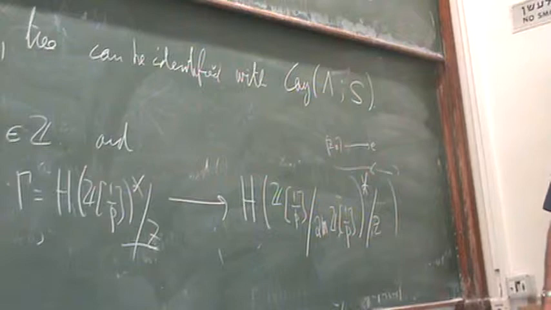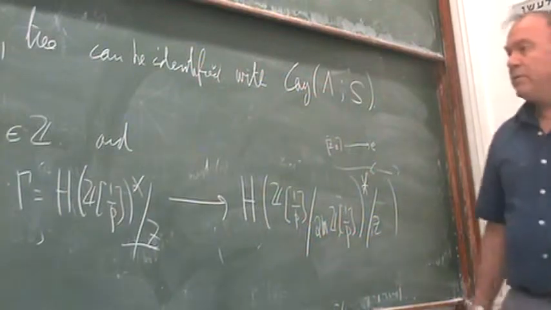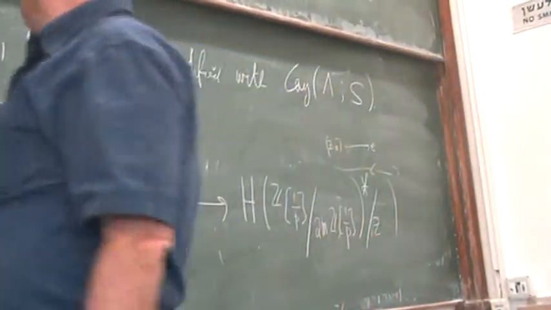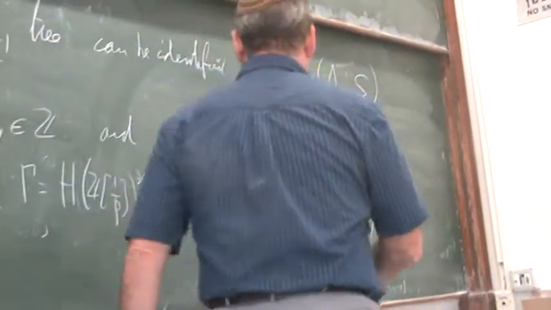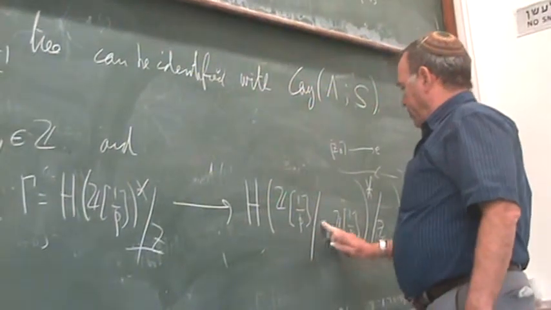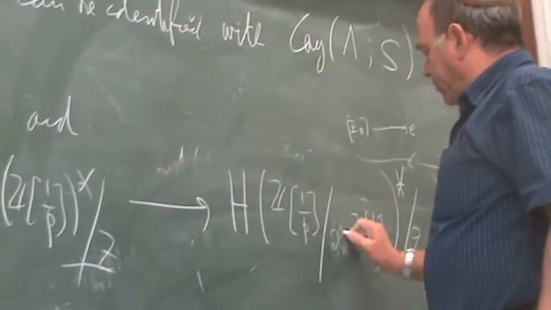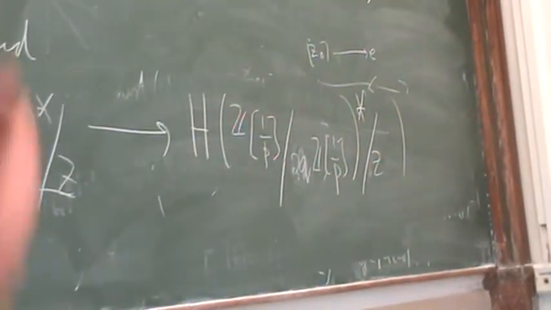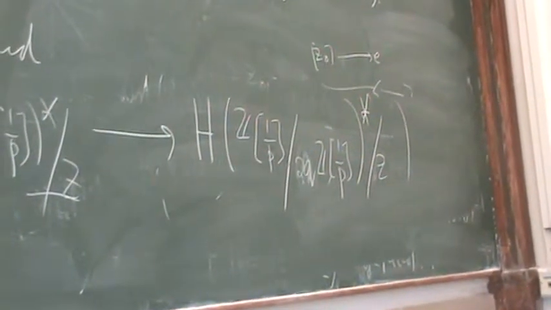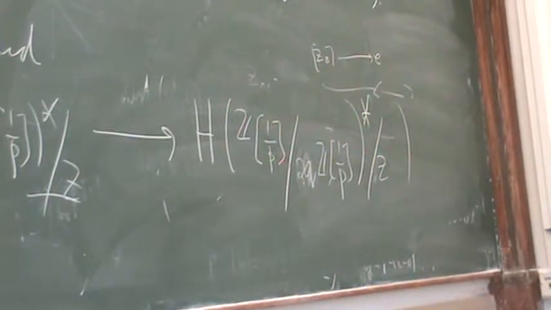Just m, not 2m. If you divide by m, sorry. And Q should be prime. The 2q, okay. And Q should be prime. No, not necessarily. But yeah, in our paper we wrote Q prime, but there is no reason.